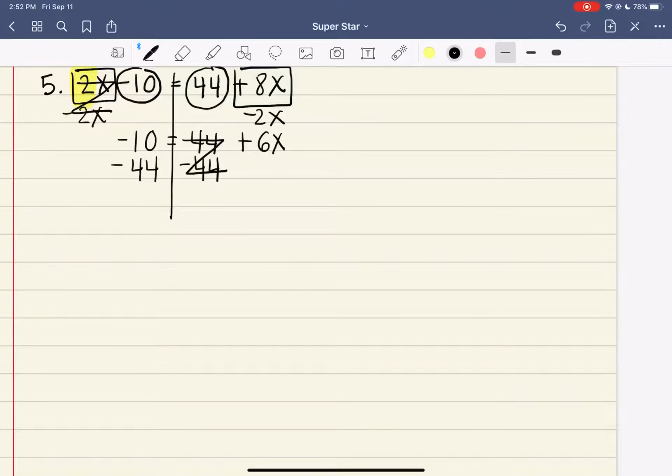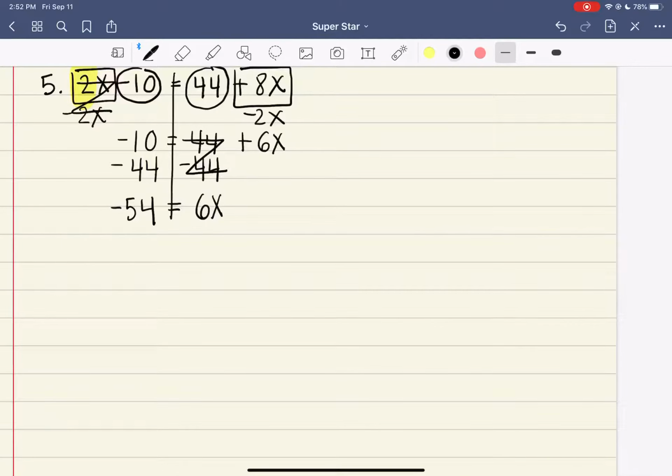This will become our 0, and we'll be left with 6x equals, so negative 10 minus 44. So that means we already start at negative 10, and we're going 44 more away from that. So we're going to end with a negative 54, and you can check me on a calculator.